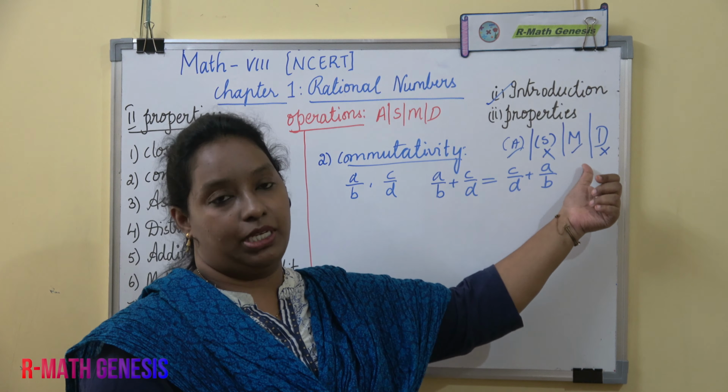Next comes associativity. The third property is associativity.